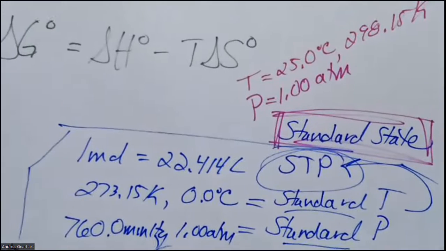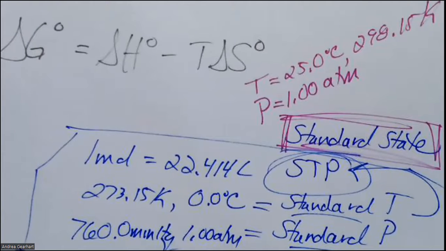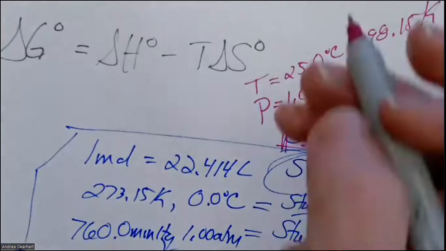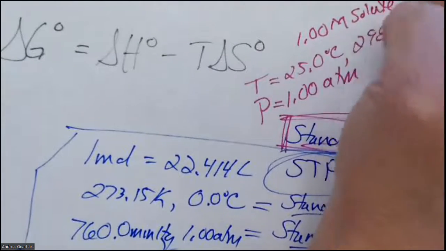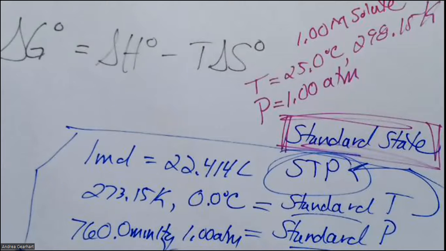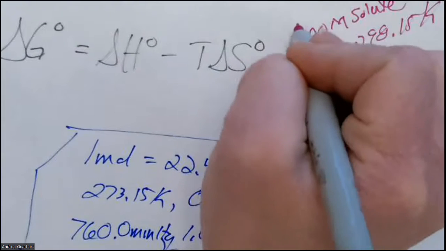Isn't that just not nice? And if we have a solution, it'll be 1 molar in solute, which will become important next chapter. So that's what that floating 0 means.